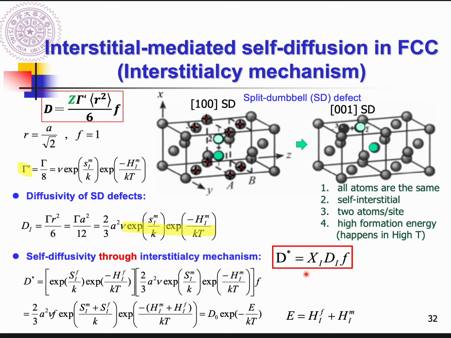So what is Xi? It is determined by the formation energy, the self-interstitial defect formation energy, and the diffusivity will be like this one, just copy and times f. After organizing, you get the temperature-independent term D0 and the exponential term, which is the temperature-dependent term.